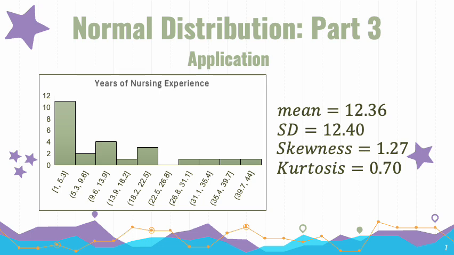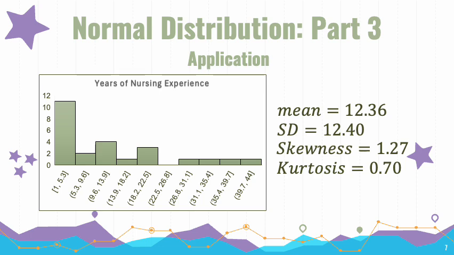Our skewness is 1.27, which is greater than 1, which means that our data set is definitely skewed to the right. Our kurtosis, when we're looking at our data set, does in general look pretty flat, except for that peak in the range from 1 to 5.3 years.